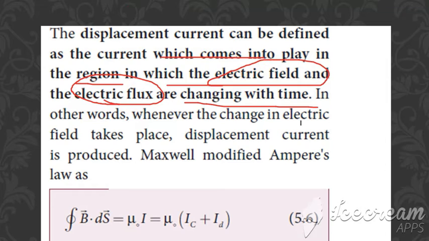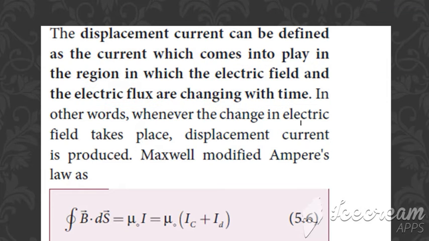So we have the equation here, integral of B dot ds, which is equal to mu naught into I. Now instead of this I, I'm going to write the total current as I C plus I of D, where I C is the conduction current and I of D is the displacement current. Clear?